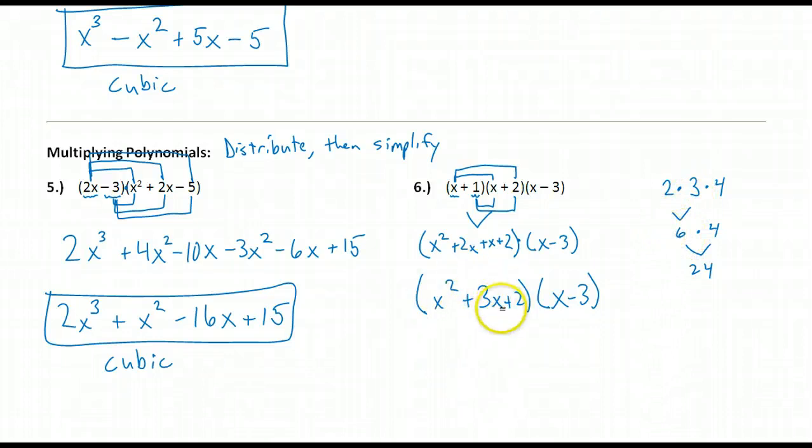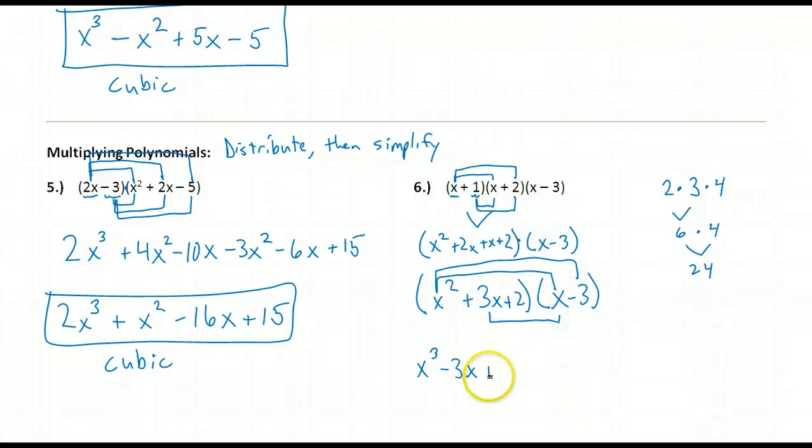Once I get this answer, then I'm going to take this polynomial times this polynomial. x squared times x, x squared times negative 3, 3x times x, 3x times negative 3, 2 times x, 2 times negative 3.